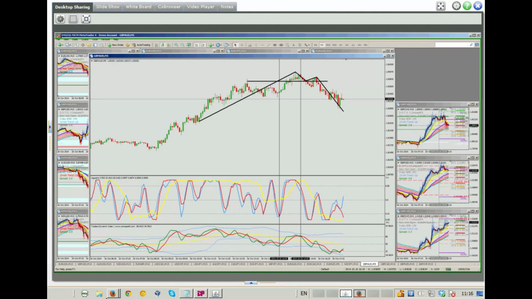If you do not have a pullback, do not enter this trade. You have to have a pullback on your third leg in order for this trade to be successful. That's how I look at it. If you don't get a pullback, do not enter the trade off the third leg. Okay, so there's your full formation right there.